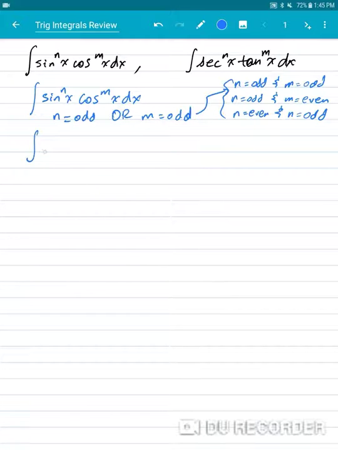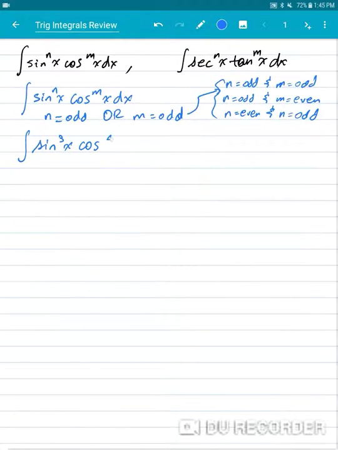So let's take an example. I have sine to the power of 3x, cosine to the power of, let's say, 4x dx. We notice that the sine power is odd.